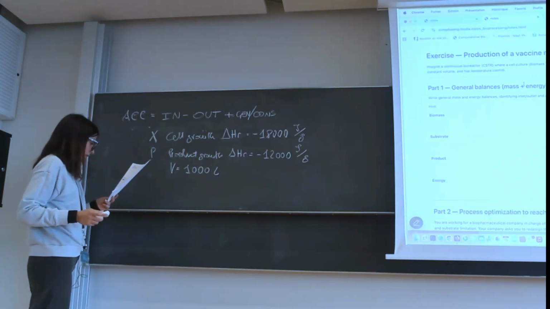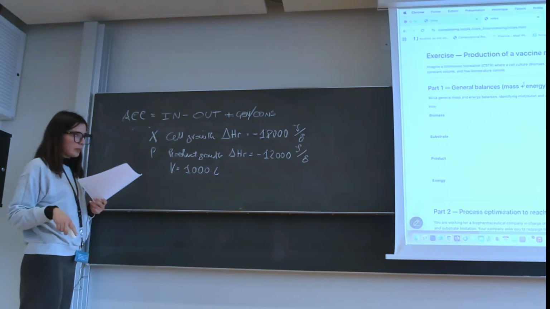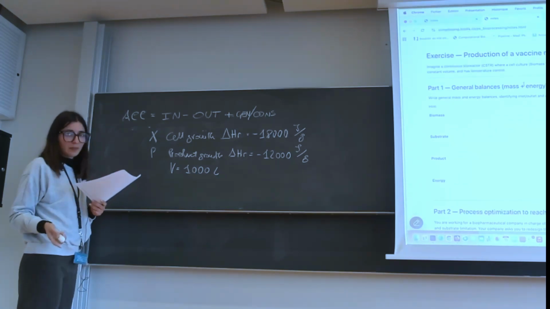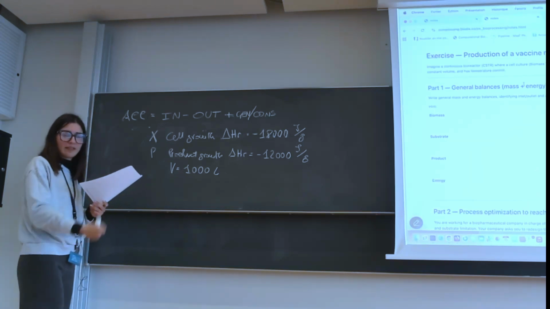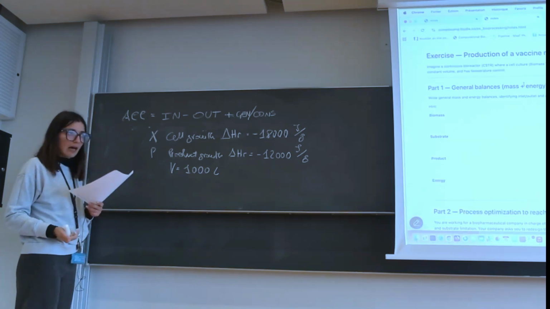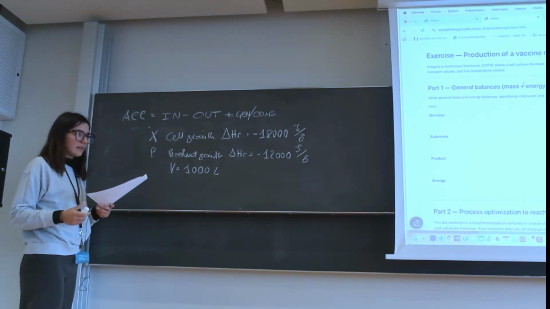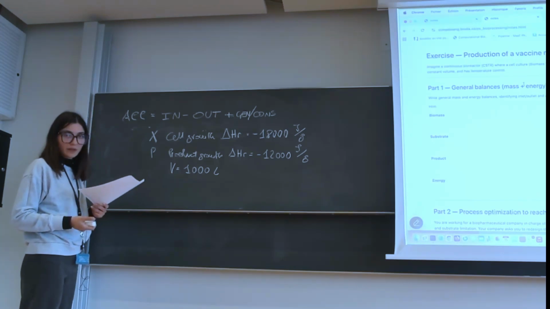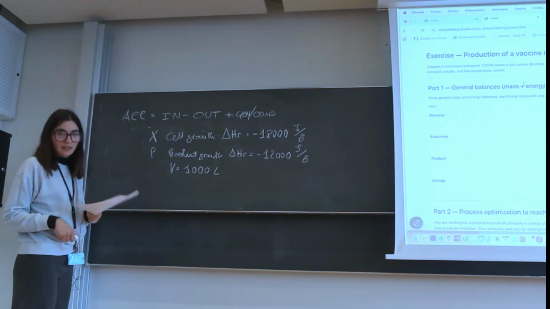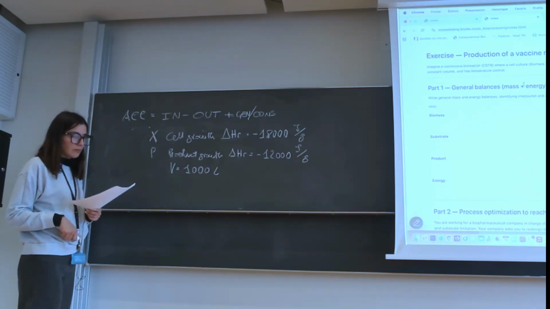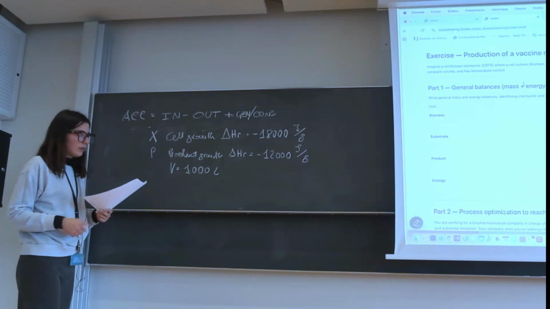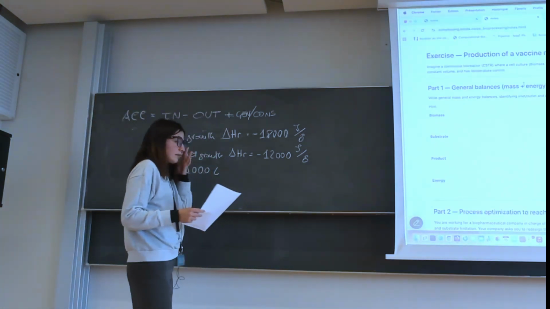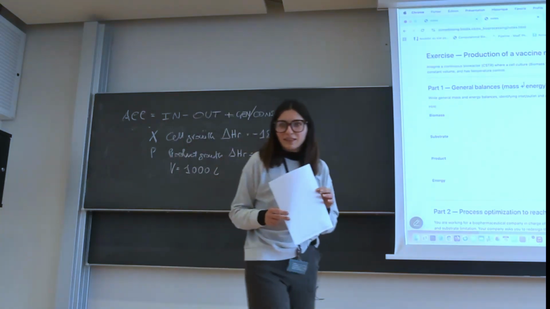And I considered all the properties correlated to the solution inside the bioreactor, so the density and the heat capacity, as the ones of water. So you can find them in books, you can look for them on the web. And so that's it. Thank you.